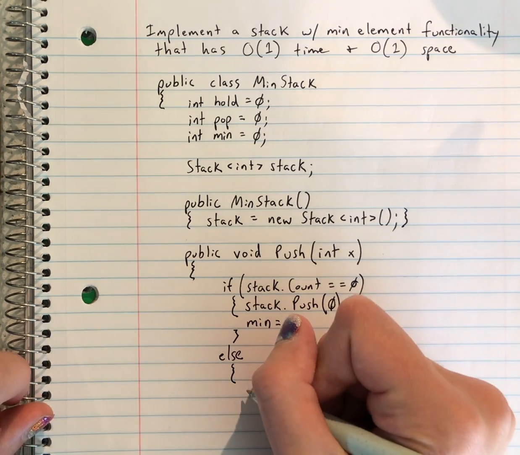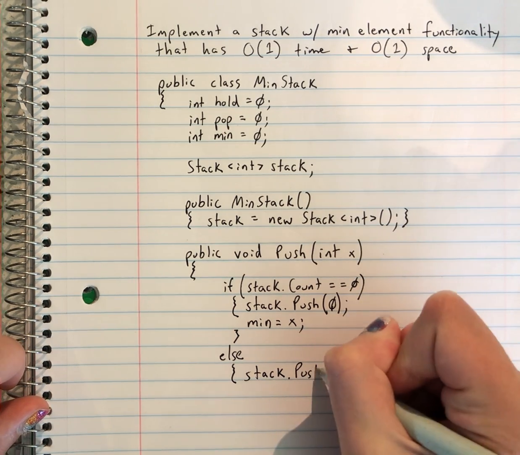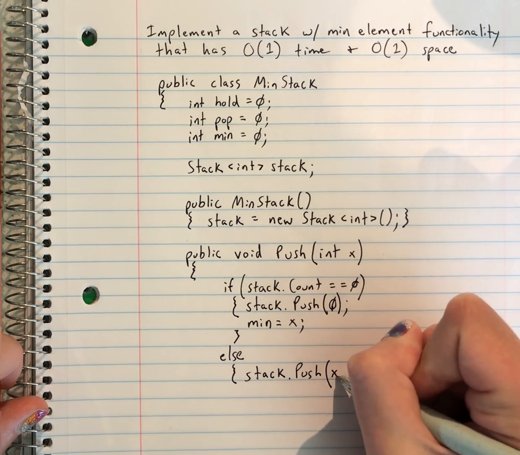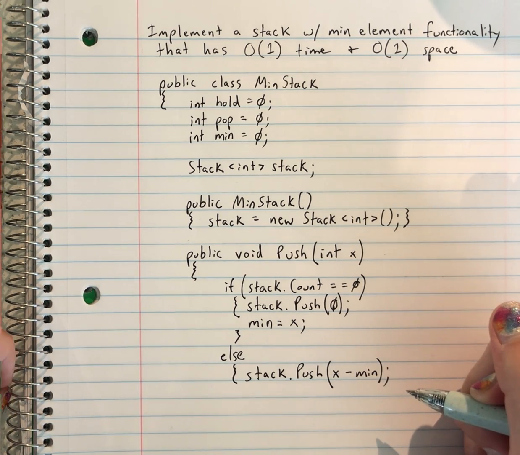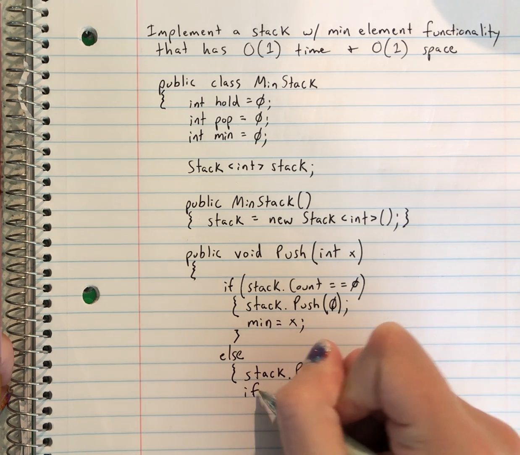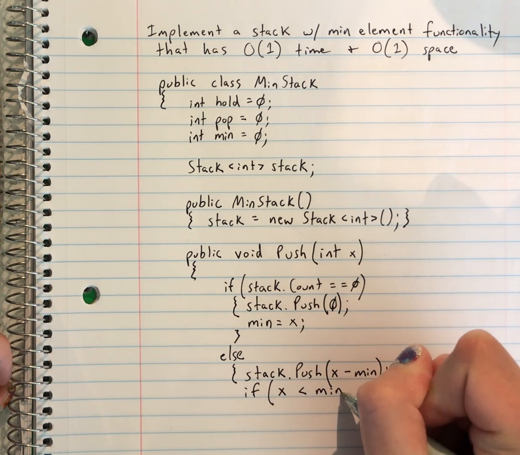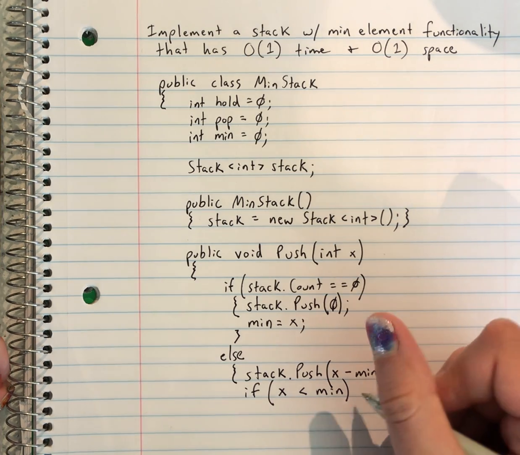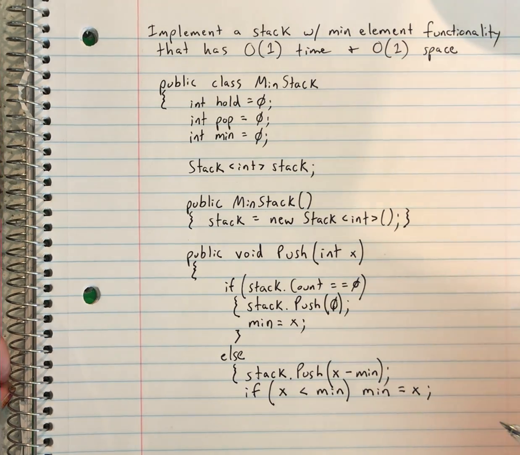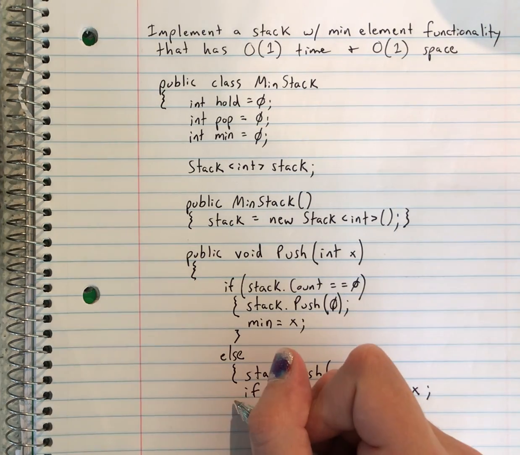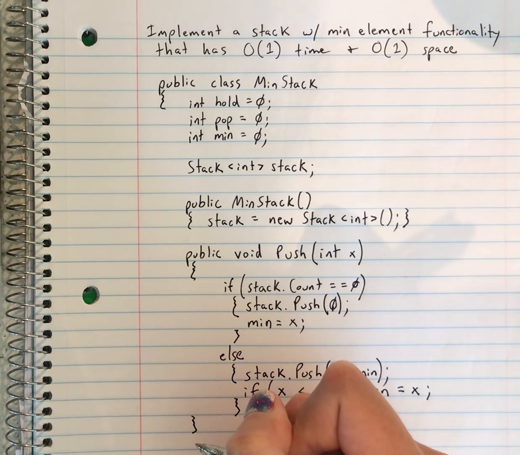So if x is less than the current min, set x as the value for min, or update the value of min. That's it for our push functionality.